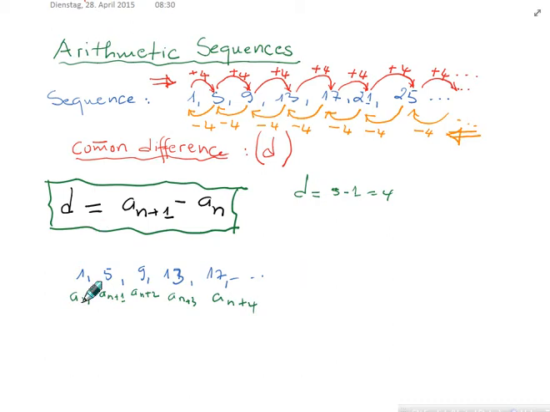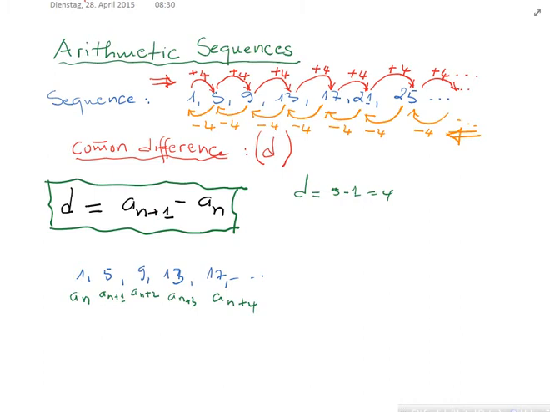If you want to find the difference between the terms of the sequence, for example between 1 and 5, you take the next term and subtract the former one. Then you get the general formula of the common difference right here.